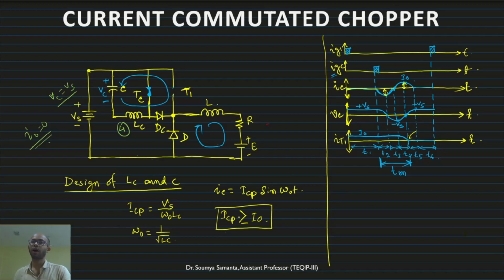If ICP is less than I naught, then this one will not be able to turn off. In that case, IT1 will not be equal to 0 if this condition is not satisfied. So in order to satisfy this, we have to get this condition. Now this will be one condition for the design objective.